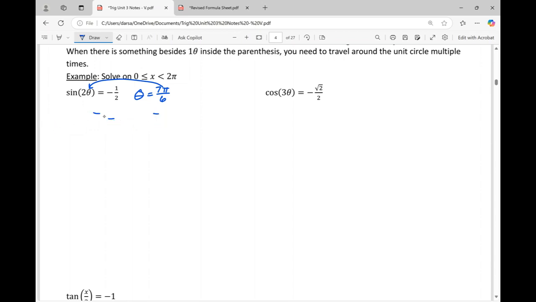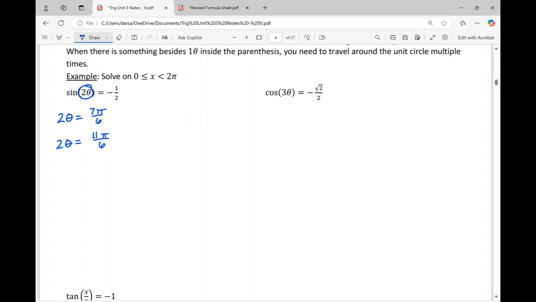So what's actually happening here is that when we get those 7 pi over 6 and 11 pi over 6, it's not that theta needs to equal that. It's that the inside here, or 2 theta, has to equal 7 pi over 6, and that 2 theta has to equal 11 pi over 6.